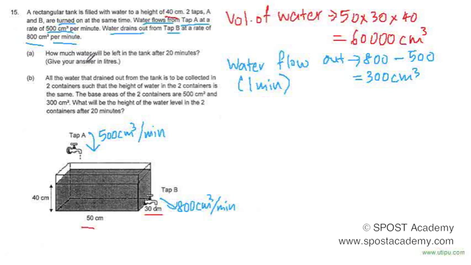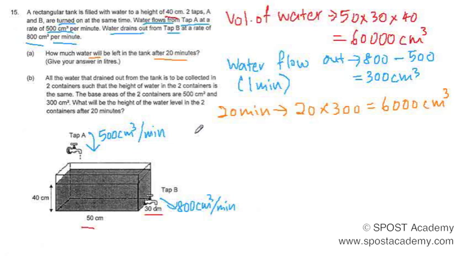The question asks how much water will be left in the tank after 20 minutes. So in 20 minutes, the amount of water that will flow out will be 20 times 300, which equals 6,000 cm3.